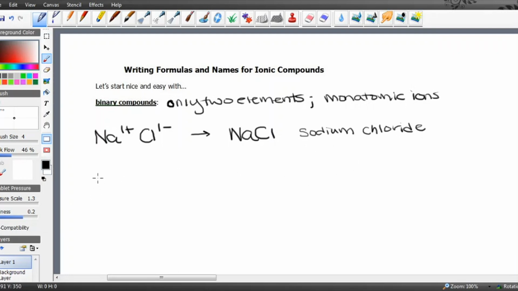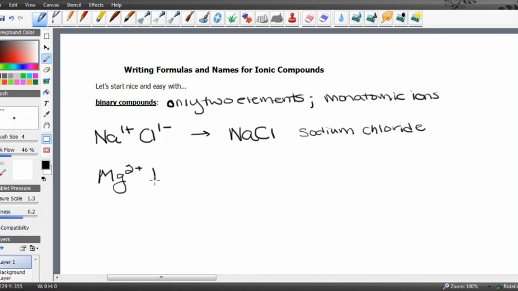Let's do another one. Let's say we wanted to make a compound like on our worksheet that we did the other day with magnesium and fluorine. Find magnesium on the periodic table. It's in group 2, so it makes a 2 plus charge.